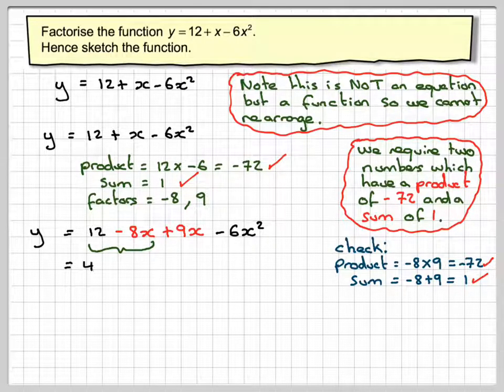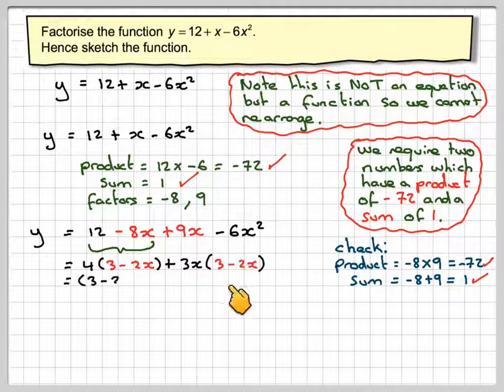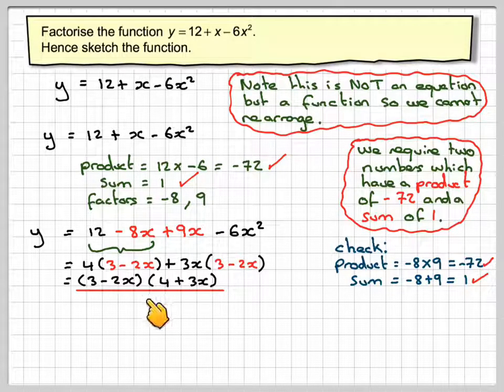So we get 4 brackets 3 minus 2x plus 3x brackets 3 minus 2x. So that becomes 3 minus 2x now comes out as a common factor, and we're left with 4 plus 3x. So that has now been factorized.